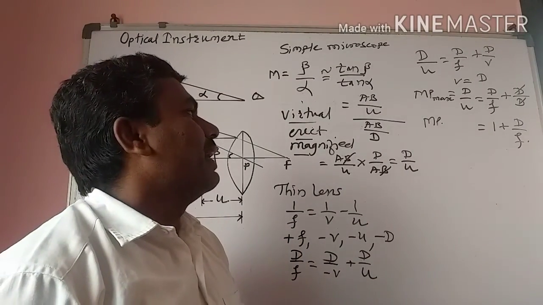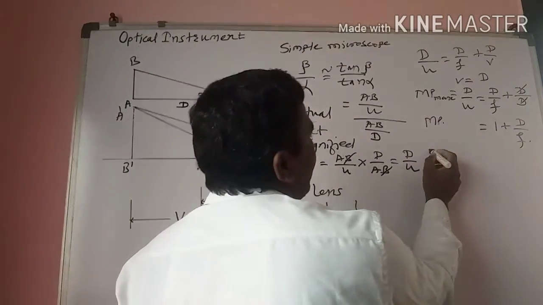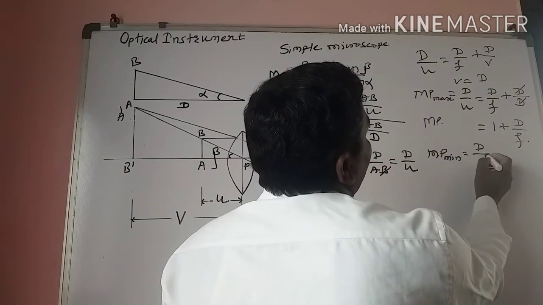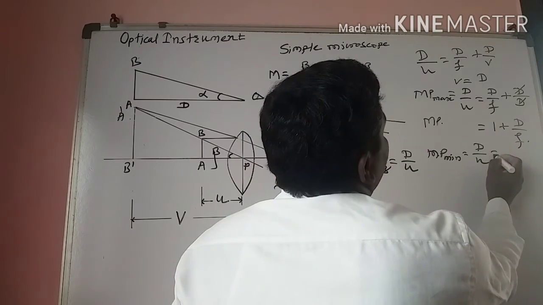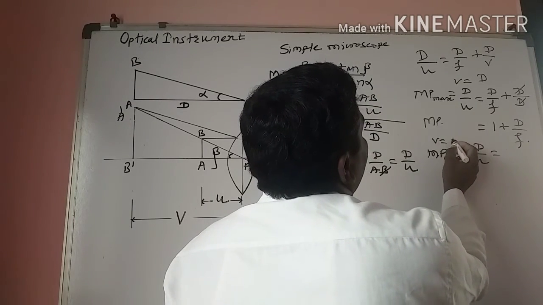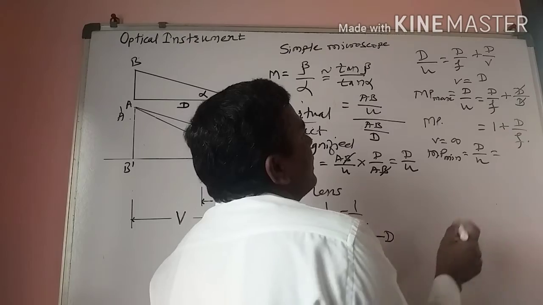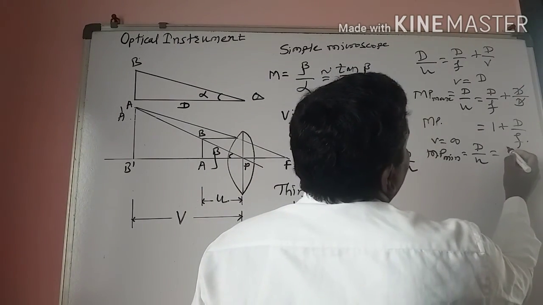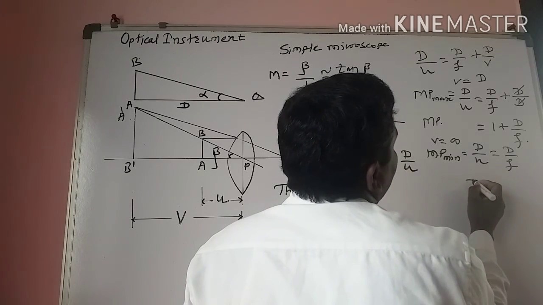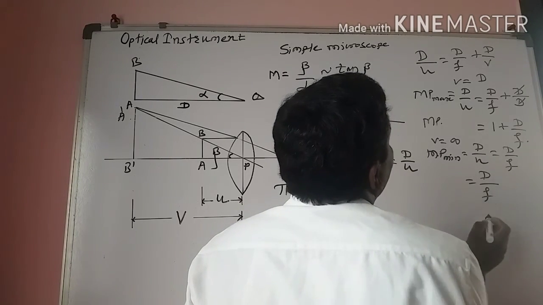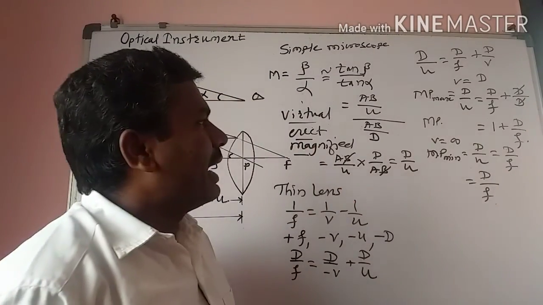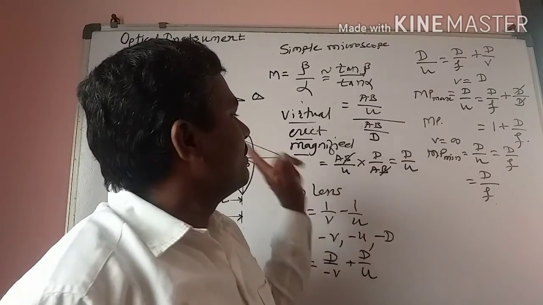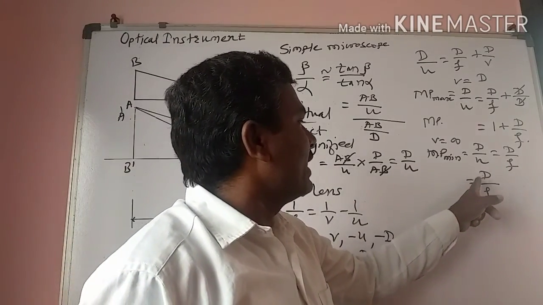Again, when the magnifying power is minimum, the image is formed at infinity. D upon infinity becomes 0, so we get D upon F. The maximum magnifying power has the value 1 plus D upon F, and the magnifying power of the simple microscope for the image at infinity is D upon F.